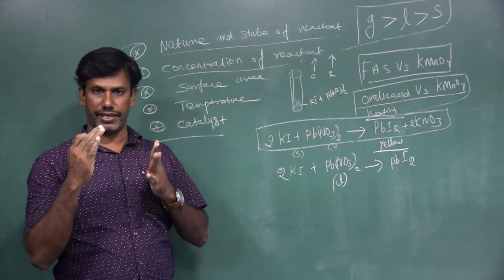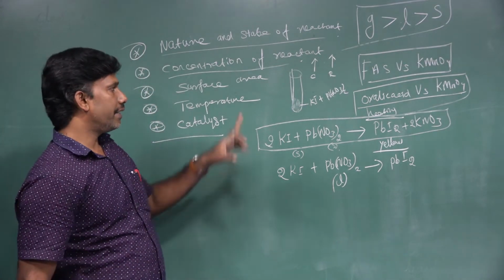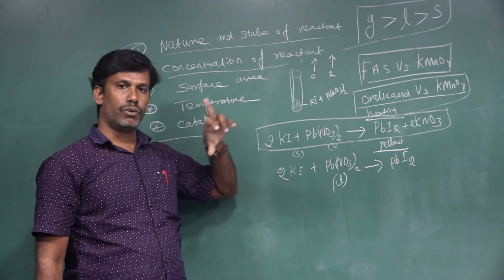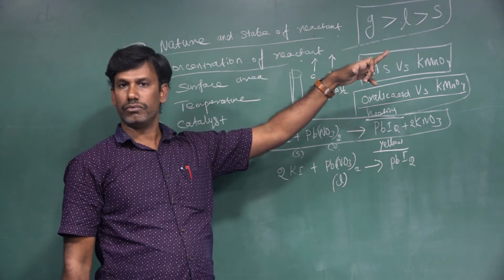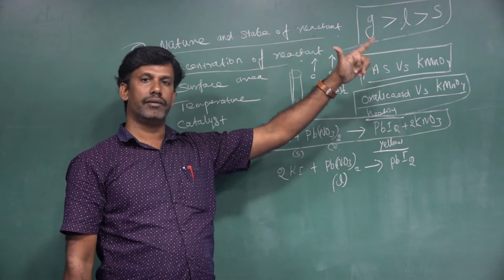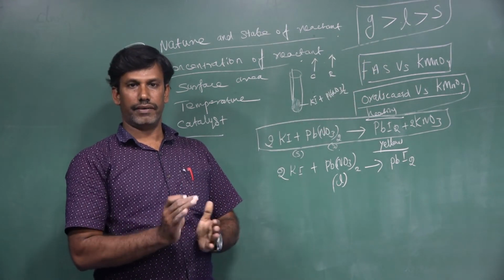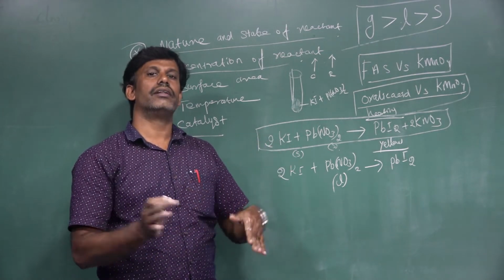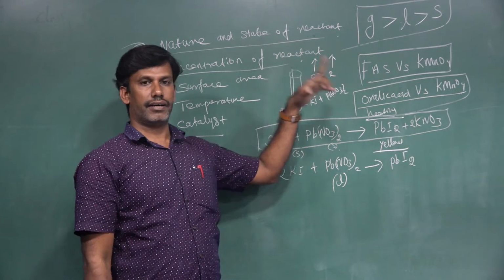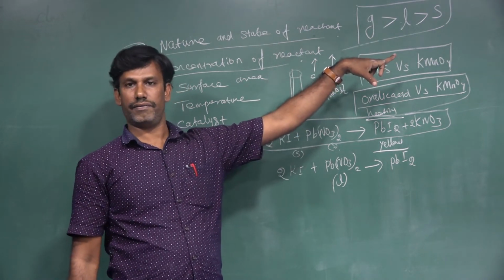Whenever the concentration of reactant increases, the rate increases. Why? Because when the concentration increases, the number of colliding particles will be more. More colliding particles, more collisions are possible. Whenever the collision is more, the reaction will be faster.